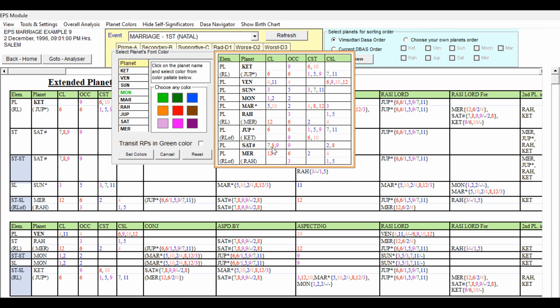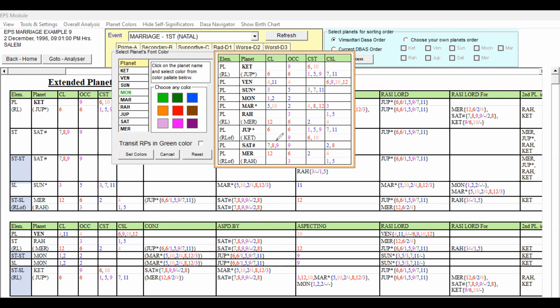Then seventh lord Saturn, also eighth lord and also ninth lord, occupying the ninth house. 7, 9, 9 are improving houses to the seventh house. But it is the eighth lord, one weakness. But look at the sublord: it is the second sublord and also the eighth sublord. This is weak actually. Second and eighth sublord.